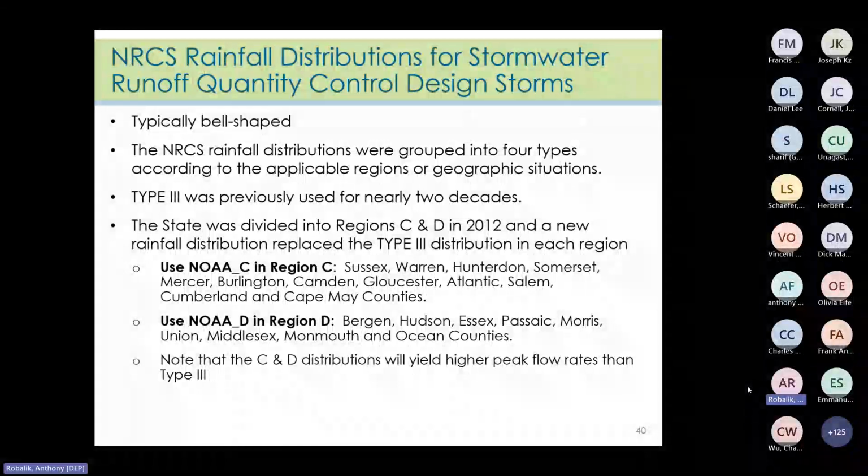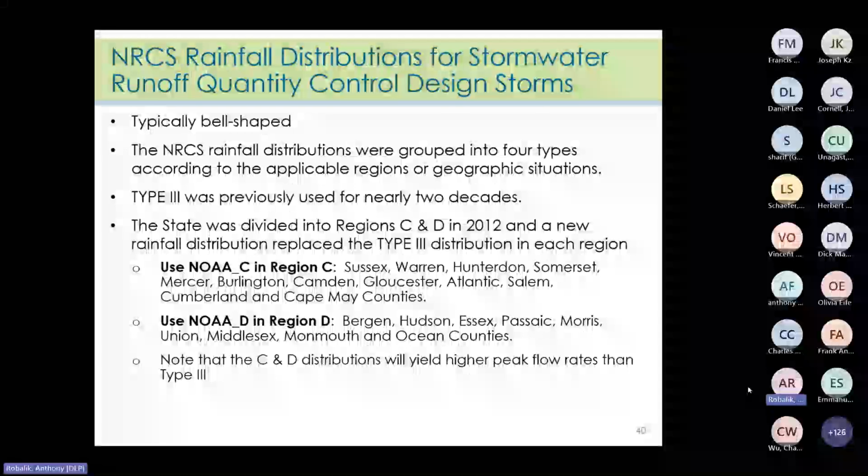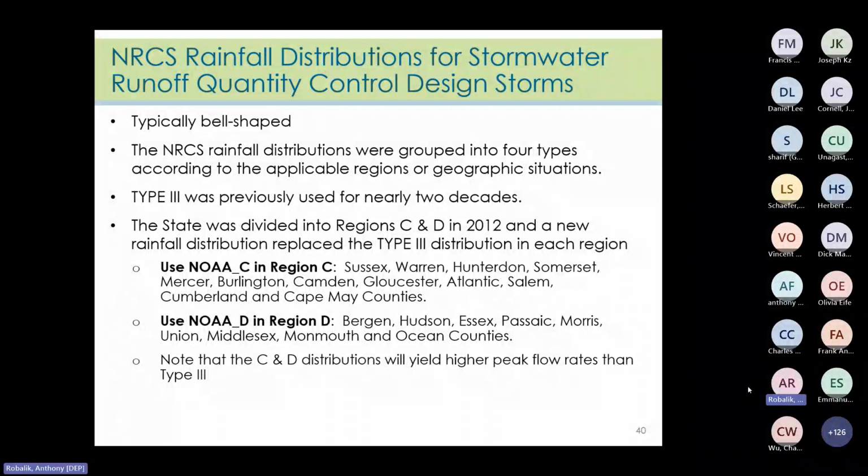The Type 3 distribution was previously used for about 20 years, but now we require use of the NOAA C and D distributions, depending on which county we are in, per the 2012 bulletin from NRCS. A coworker here at the DEP has done some modeling using these, and we learned that you can expect to see slightly higher peak flow rates when using the C and D as compared to the Type 3 distribution.